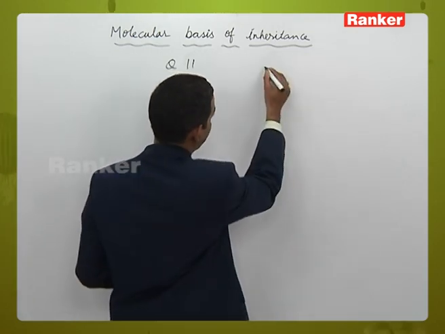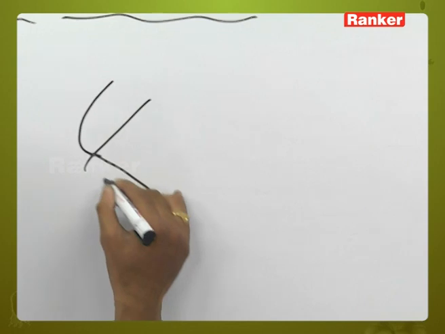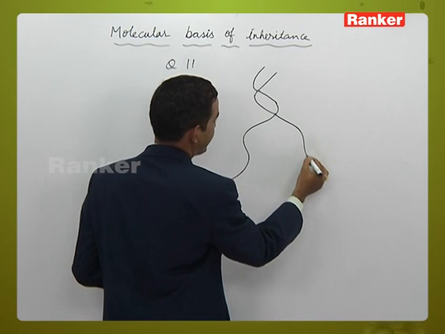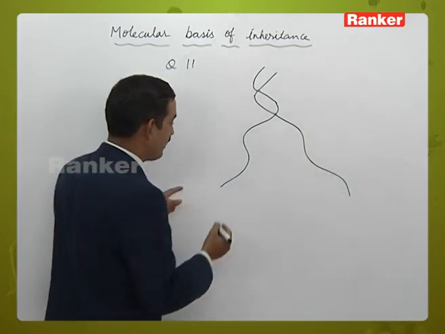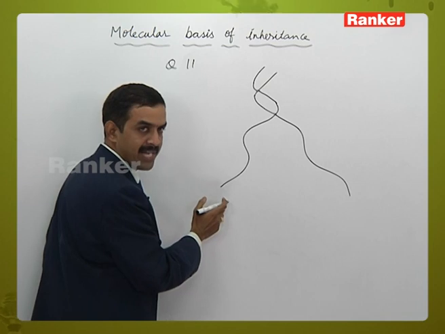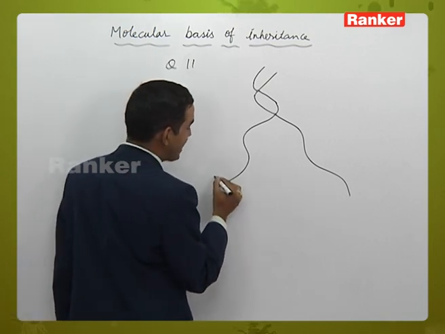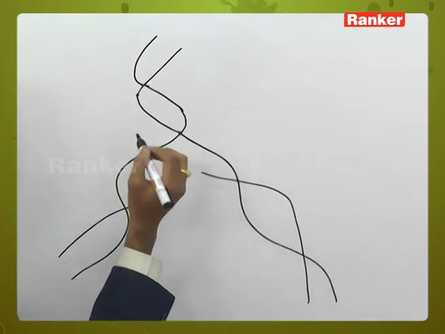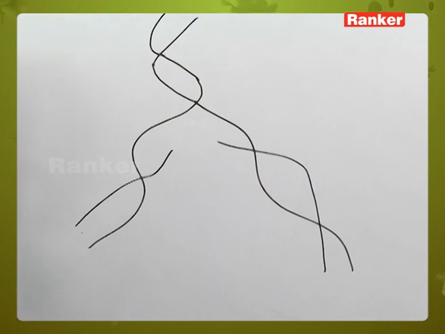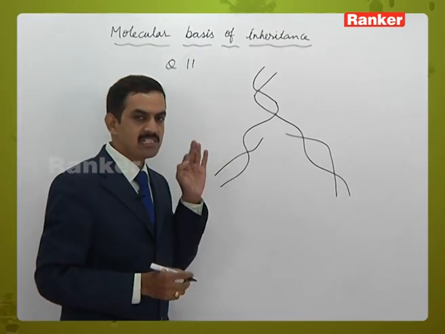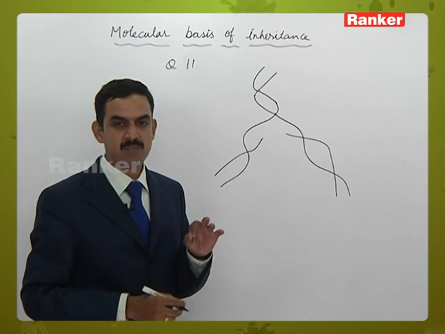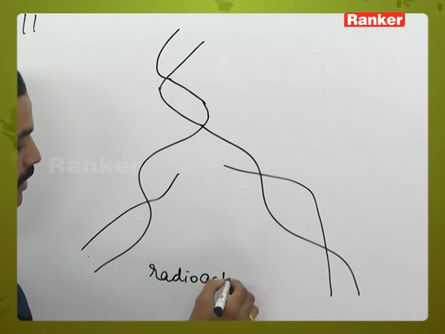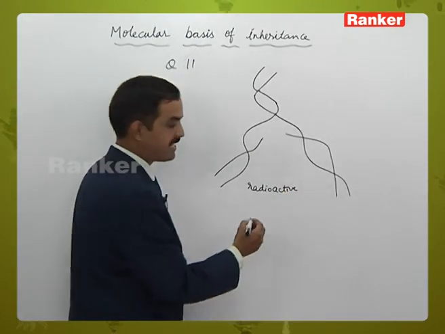That is, if this is a DNA molecule, at one point the 2 strands of the DNA will separate out, and each of the strands acts as a template, and each strand will start synthesizing a new strand like this, and these are called the daughter DNAs. And in them, where this replication or duplication is taking place, the radioactive thymidine is present.